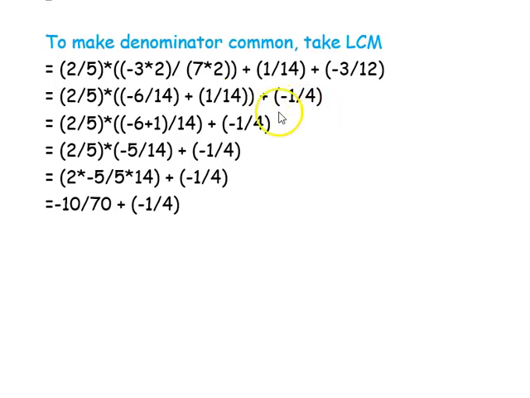and writing it as −1/4. So 2/5 × (−6 + 1)/14 plus (−1/4). Now −6 + 1 is −5, so 2/5 × (−5/14) plus (−1/4). Here 2/5 times −5/14 is the multiplication part, so we multiply numerator and denominator separately. 2 × (−5) is −10, divided by 5 × 14, which is 70, plus (−1/4).